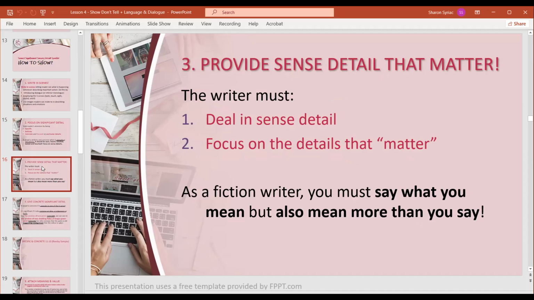She described the snake admiring himself in the mirror, and the girl, but she didn't describe every single thing about the girl and the snake, the tattoo and whatever. Focus on details that matter. Everything else, leave it out. It's not important. And as a fiction writer, you must say what you mean, but also mean more than what you say.